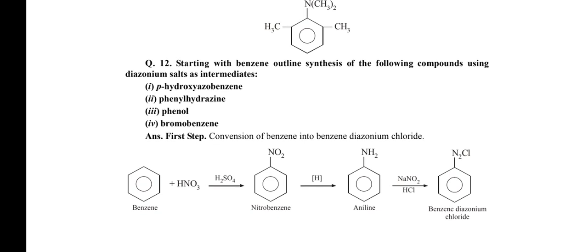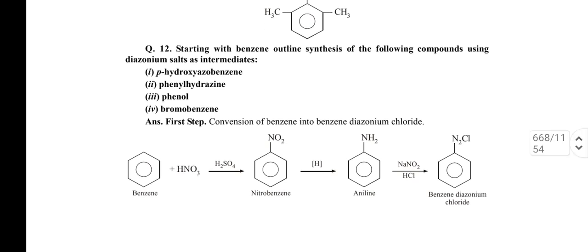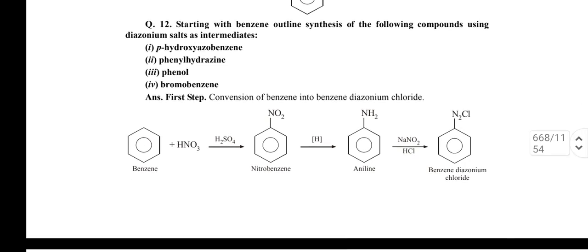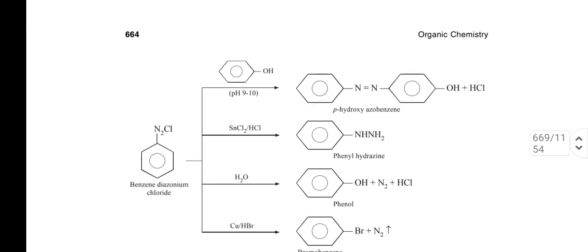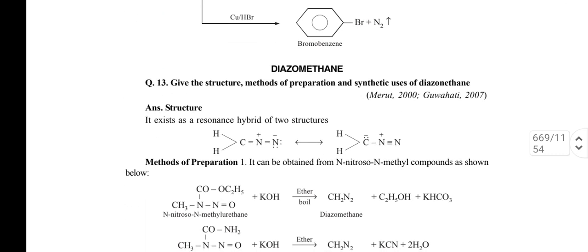Question number 12. Starting with benzene, outline synthesis of the following compounds using diazonium salt intermediates: para-hydroxyazobenzene, phenylhydrazine, phenol, bromobenzene. Answer number 1. First conversion of benzene into benzene diazonium chloride. Diazomethane. Question 13.